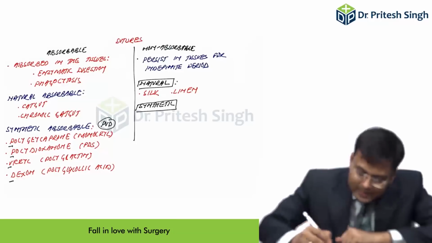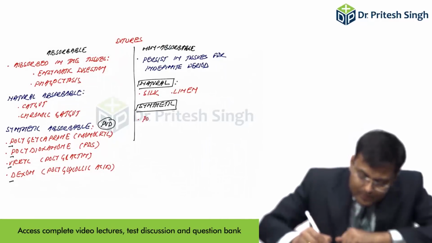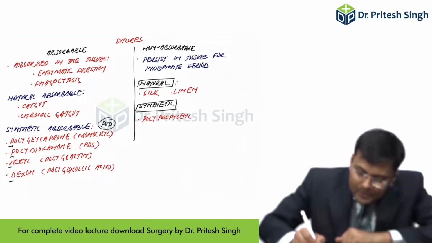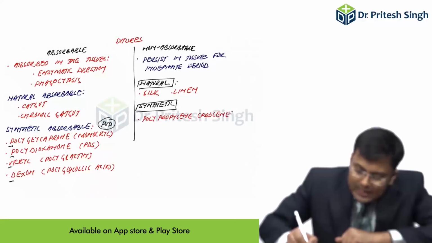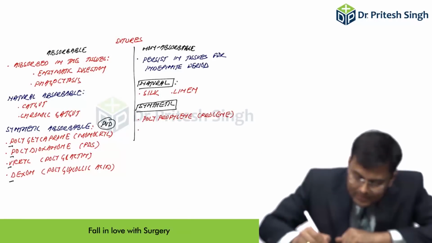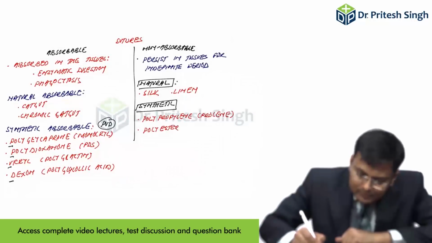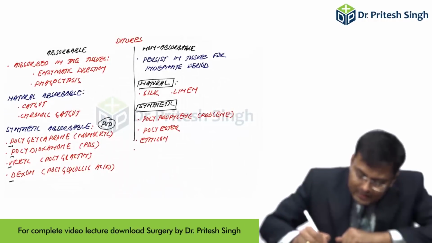You must be knowing there is Prolene, also known as polypropylene, polyester, ethylene, and nylon.